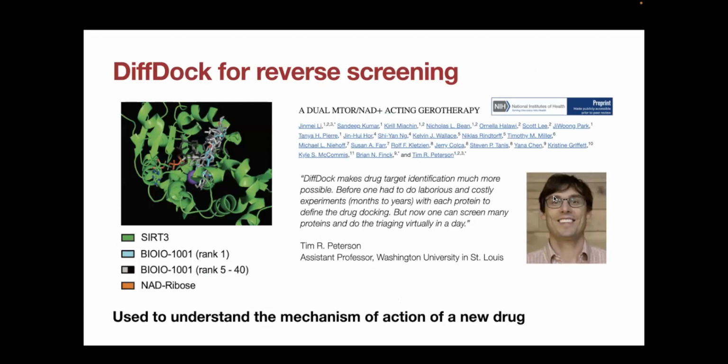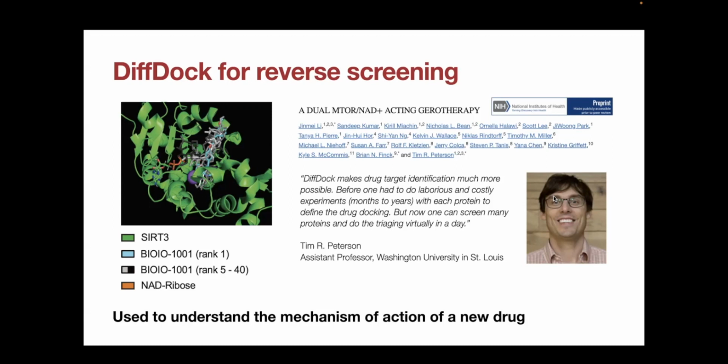Now we actually wanted to give a shout out to some of the works that have used DiffDock since we published. This, for example, is a very interesting work where DiffDock was used to do reverse screening.